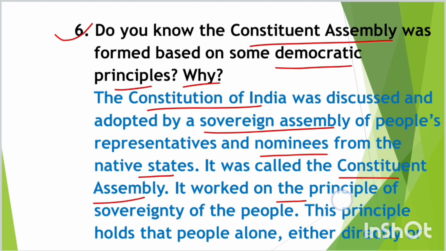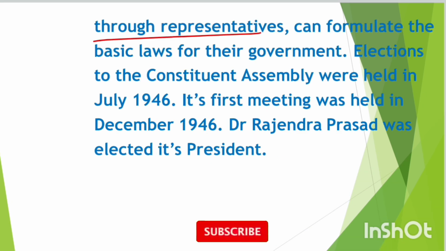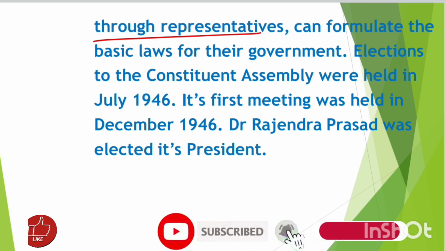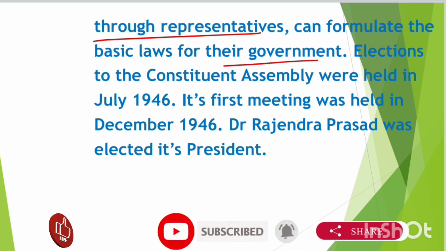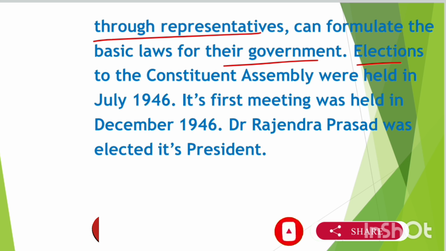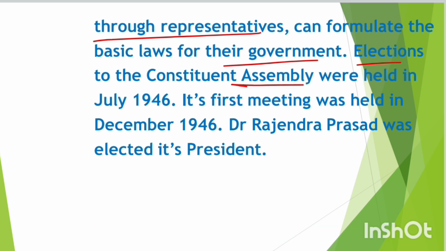It works on the principle of sovereignty of the people. This principle holds that people alone, either directly or through representatives, can formulate the basic law for their government. Elections to the Constituent Assembly were held in July 1946. Its first meeting was held in December 1946. Dr. Rajendra Prasad was elected its president.